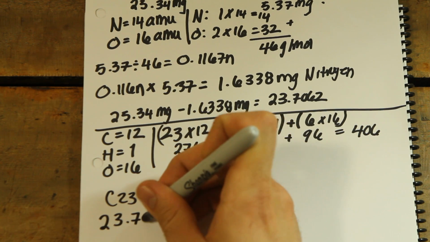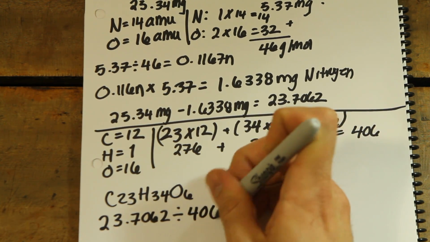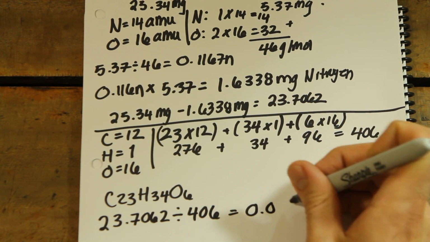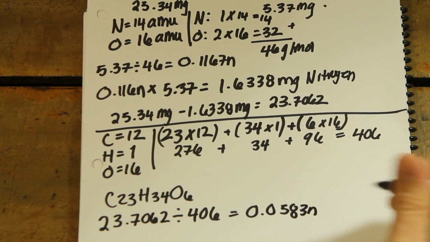This gives us a molar mass of 406, which we can divide into 23.7062 to obtain an answer of 0.0583 moles of our cluster of atoms.